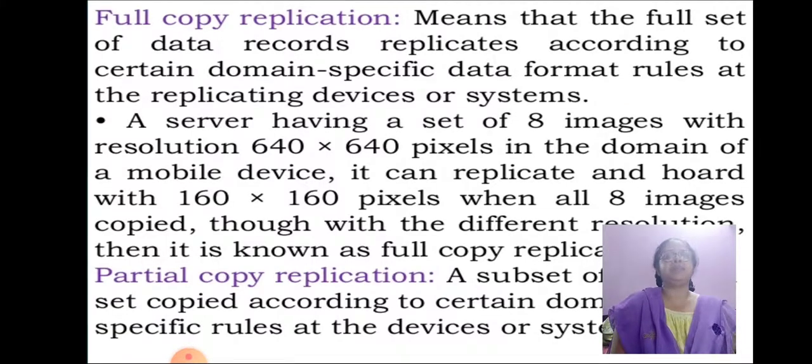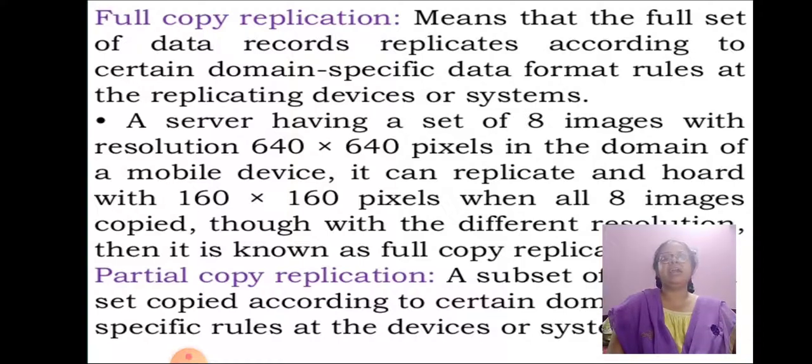Full copy replication means that the full set of data records replicates according to certain domain specific data format rules at the replicating devices or systems. For example, a server having a set of 8 images with resolution 640 by 640 pixels, in the domain of a mobile device, can replicate and hold them at 160 by 160 pixels.